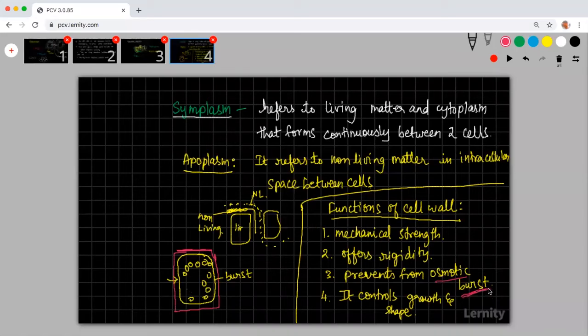When the cell wall is there, the cell will not burst because of osmosis. It is like a wall structure that protects the cell. But in animal cells, as you absorb more and more water, naturally the cell will burst. Are we understanding? Okay.